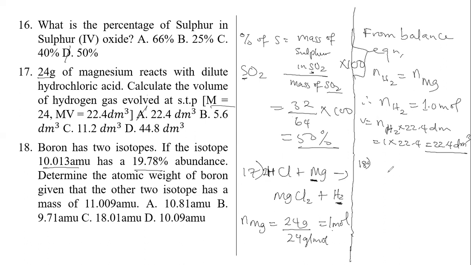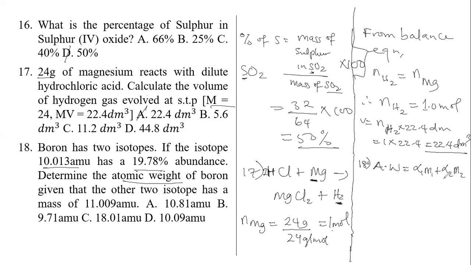Now, when you are asked to determine the atomic weight, which is the same thing as relative atomic mass, atomic weight is the abundance of the first isotope multiplied by its mass plus the abundance of the second isotope multiplied by its mass. So that's how you solve for isotopes.